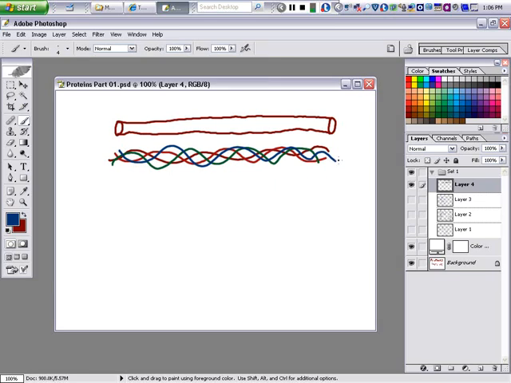And so these proteins that are like ropes are called fibrous proteins. Now we've talked about in signal transduction some fibrous proteins. Can anyone name a fibrous protein?